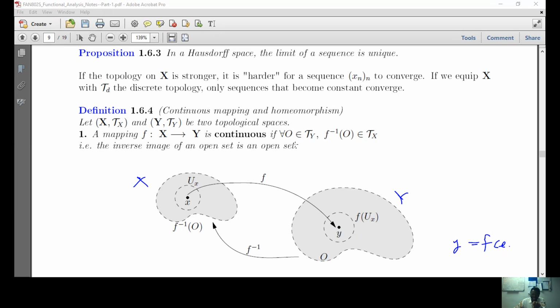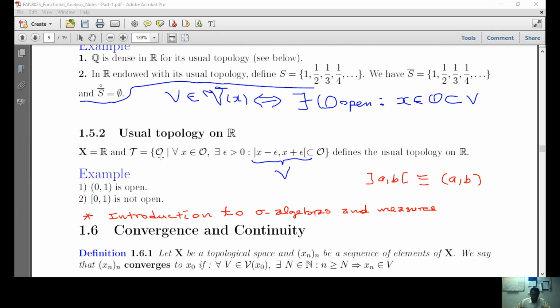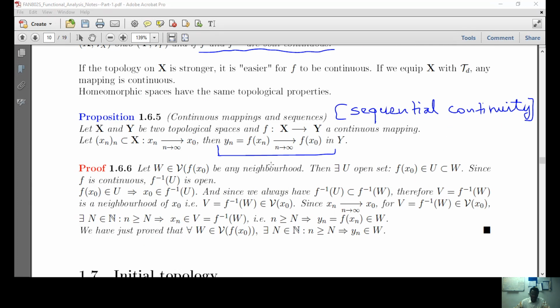For any open set we say any epsilon, because for a given O we can define that O as an open interval. So you'll be able to see the same thing here.